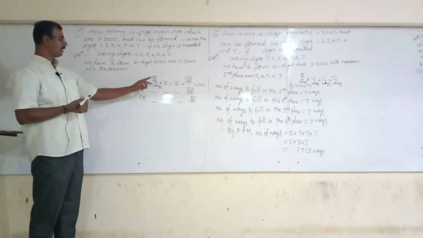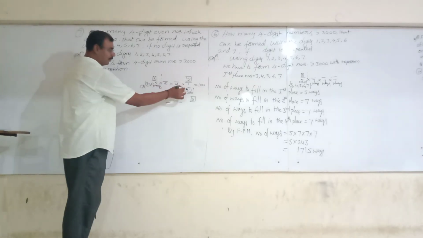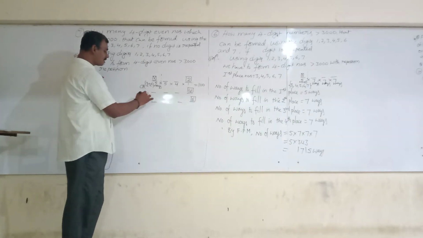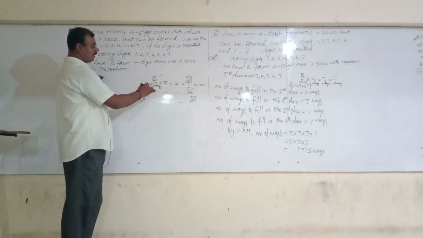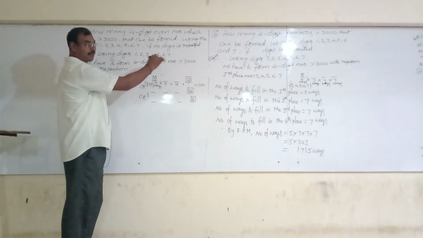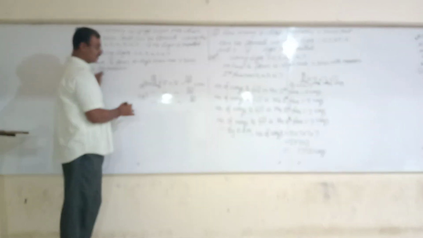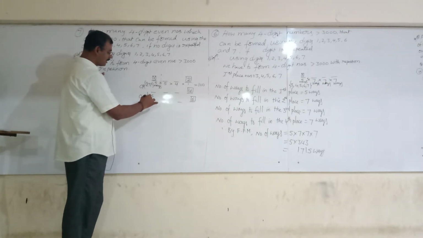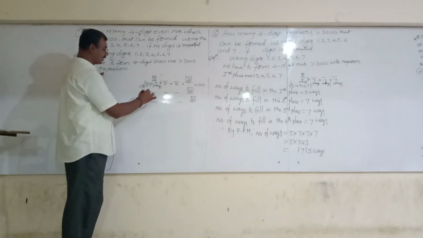No. Why? Because if I fill 4 in the unit place, the number 4 is not allowed in the leading position. The reason is that repetition is not allowed. So the general condition is existing here. Which digits are allowed? 3, 5, 6, 7. Only these numbers are allowed.